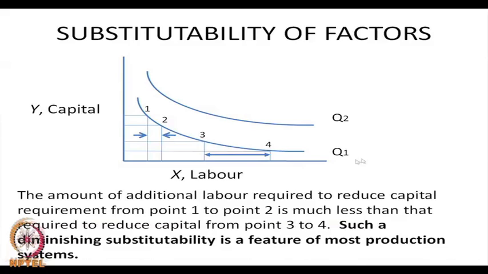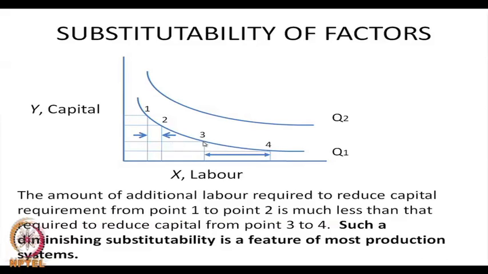As you can see, if you consider any one isoquant, this point on the isoquant Q1 indicates that you need a high amount of capital Y and a low amount of labor X, and point number 4 requires more labor X but less capital Y. Now, suppose you move from 1 to 2: you are using more labor but less capital.